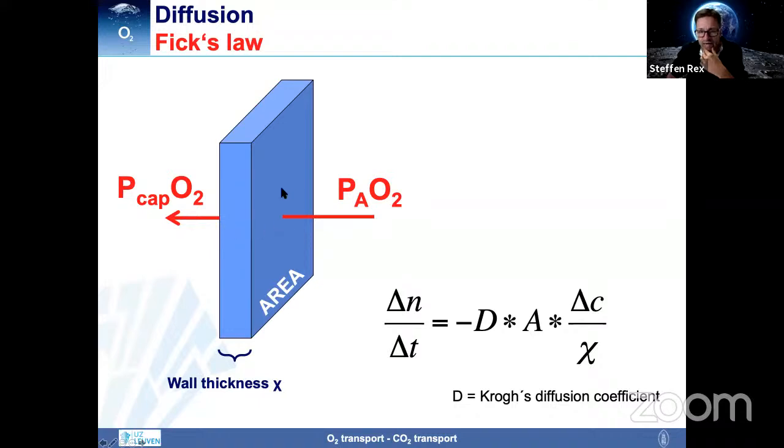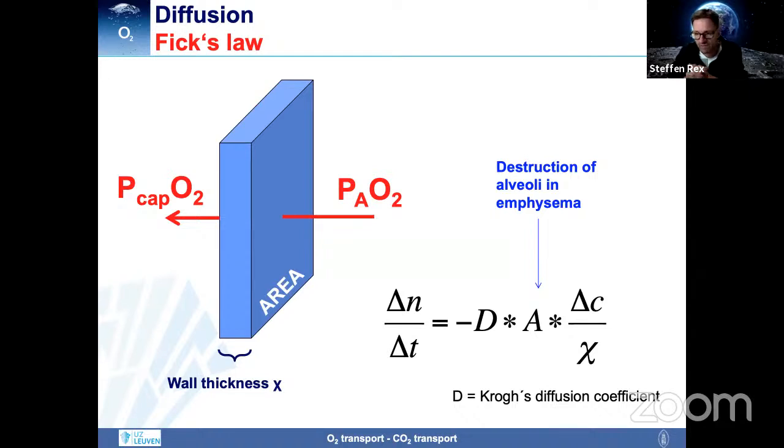And you have a high diffusion if you have a lot of area available for diffusion, and the diffusion is optimal if the wall thickness is as small as possible. Very logical. And this also explains why a lot of pulmonary diseases or cardiopulmonary diseases result in diffusion problems and eventually in hypoxia.